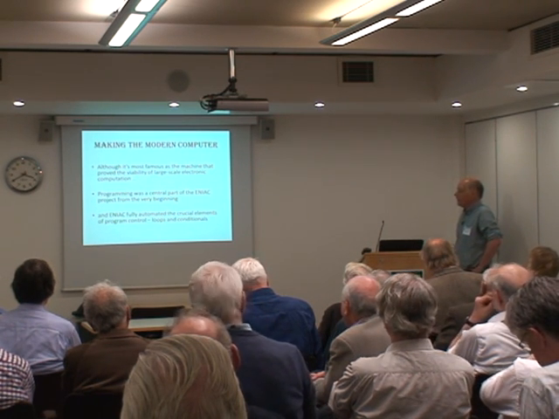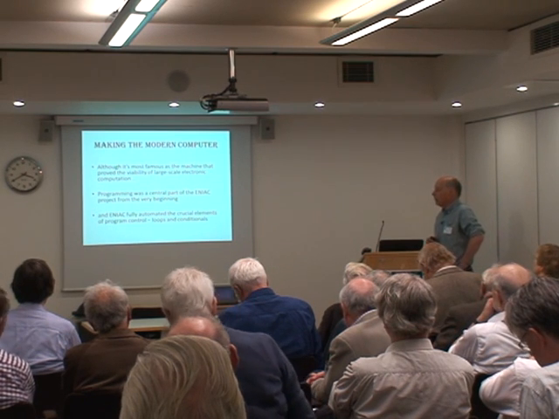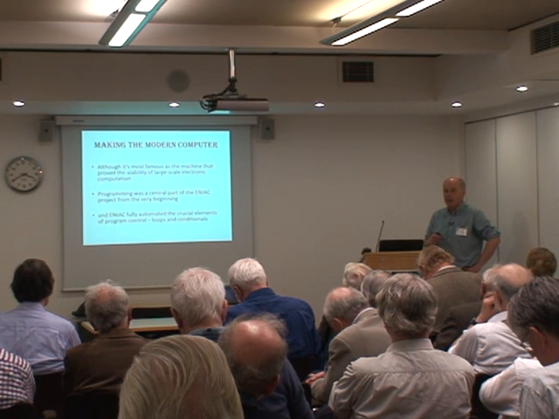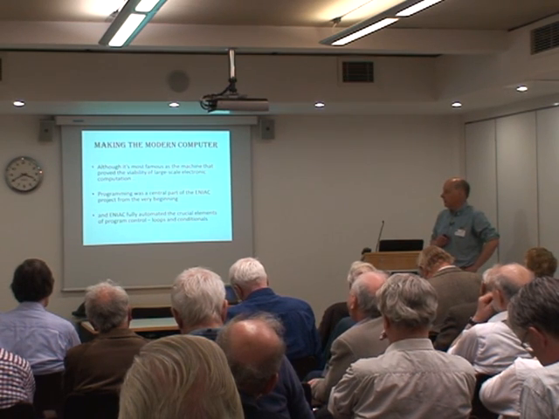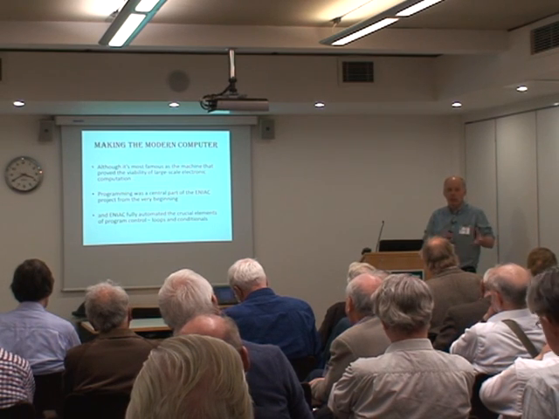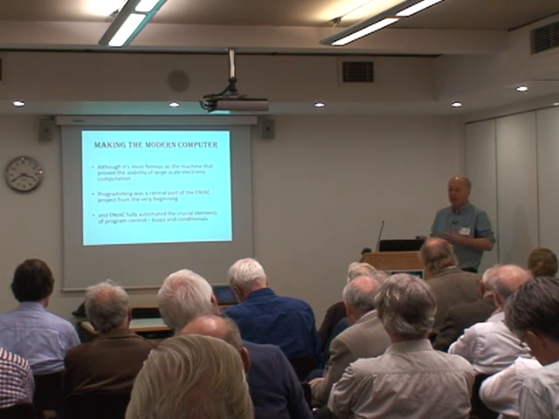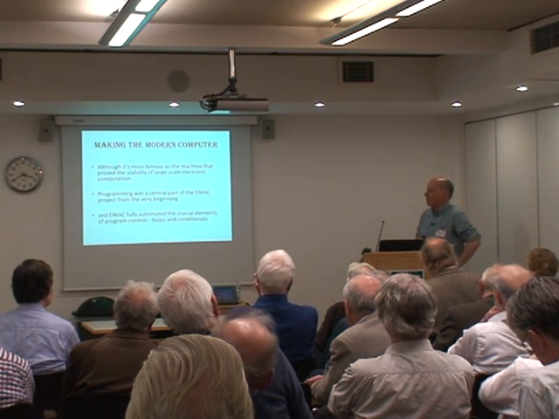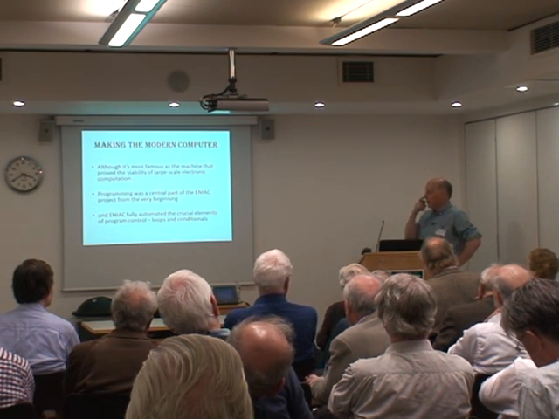As a result, ENIAC fully automated all the crucial elements of what we now know as program control, in particular loops and conditionals in various forms, and the possibility to combine those in various ways, such as nested loops. All the combinations of control structures that we are familiar with.